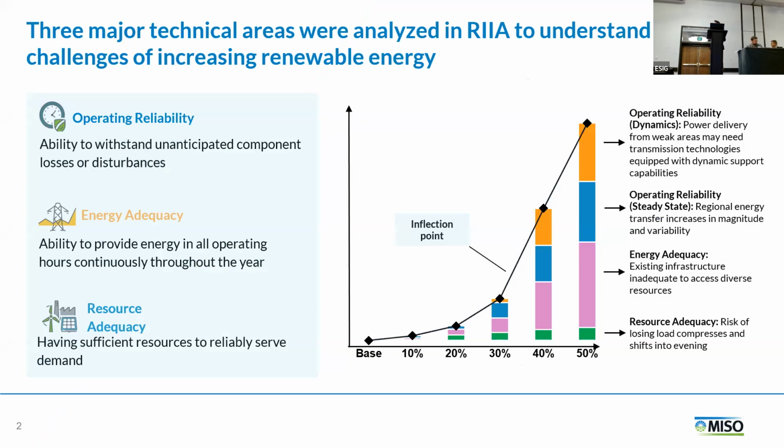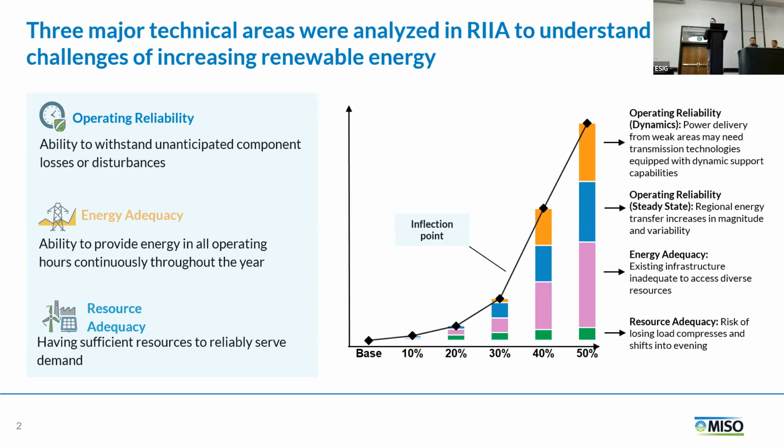So for the ones that are not familiar with RIA, RIA stands for Renewable Integration Impact Assessment, and it focused on three main areas, call it focus areas. One is operating reliability. We define it as the ability to withstand unanticipated component losses or disturbances on the system at the system level, MISO wide. Energy adequacy, the ability to provide energy in all operating hours continuously throughout the year.